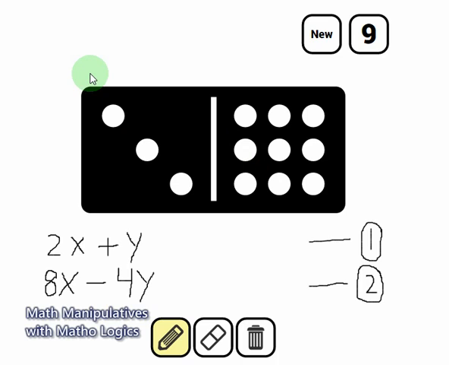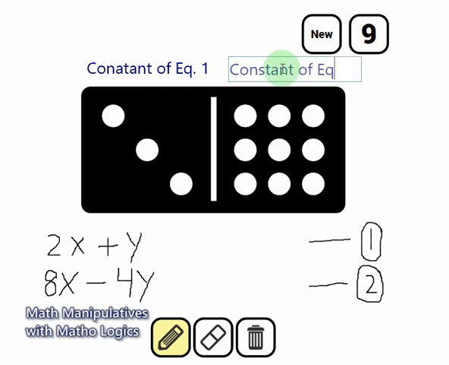Now this time I will take the left side of this domino as constant of equation 1, and the right side of this domino as the constant of equation 2.